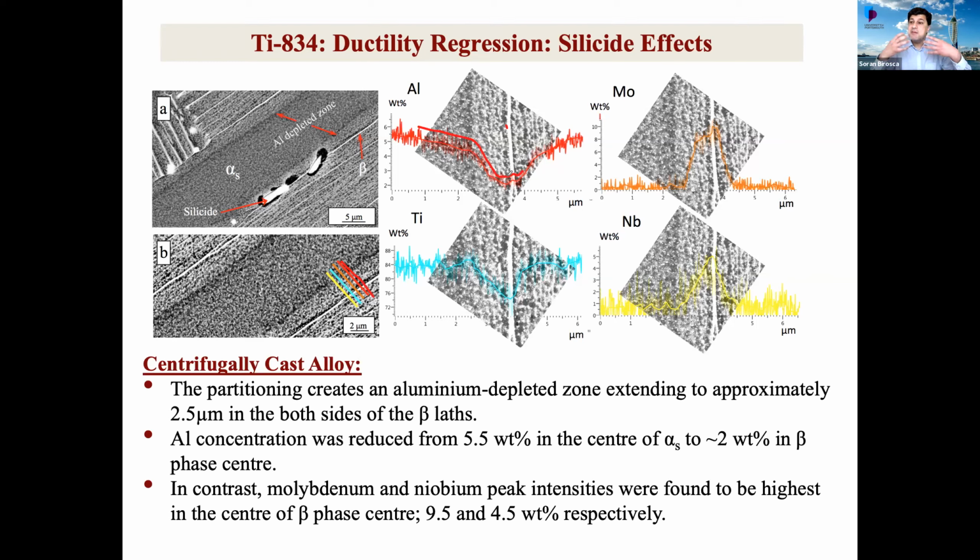So that depletion of aluminum made this region weaker than the rest. So that's why cracks will be initiated around the silicide much faster and go through the material to fracture it. And also that's the same case in titanium. However, it has very high niobium and molybdenum, which made a suitable site for the silicide formation.